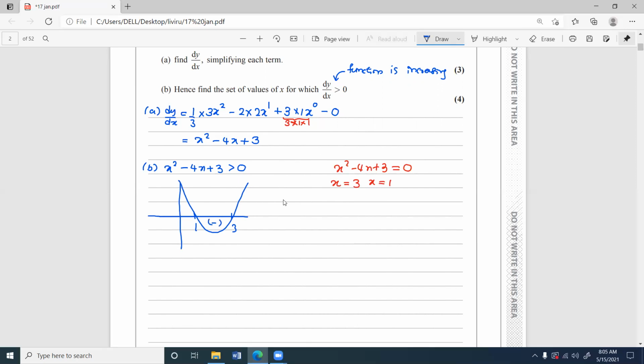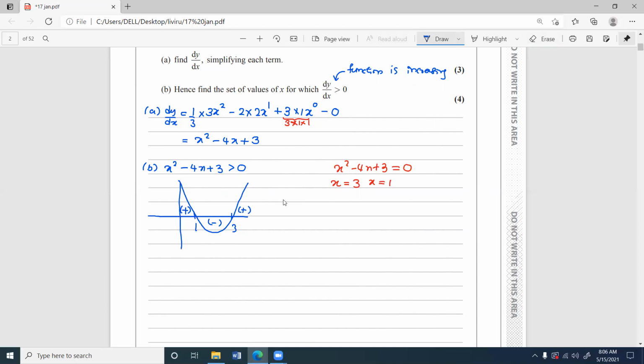From 1 below, the function is positive. All the values are positive. Therefore, in this region the function is positive. Whatever value you substitute in these regions, you get a positive answer. Above 3, again, you can see these are positive.